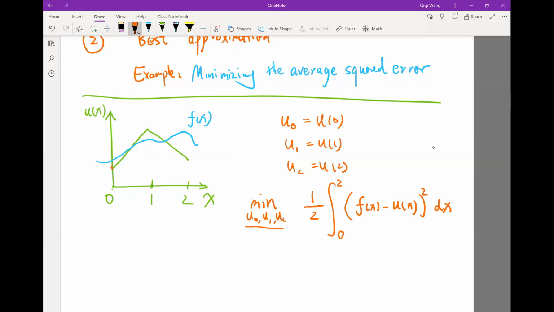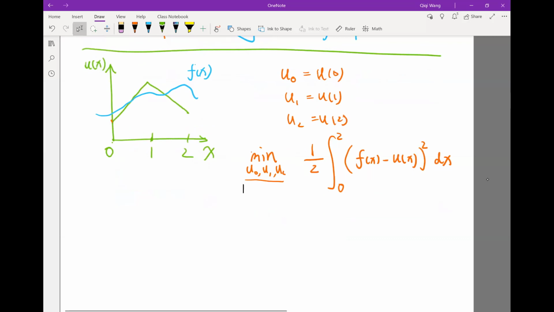Did you study this in multivariate calculus? Is it like matrices? Not really. It's a function minimization problem, right?